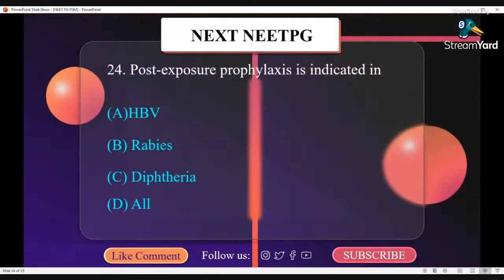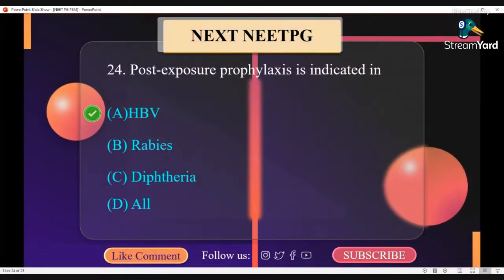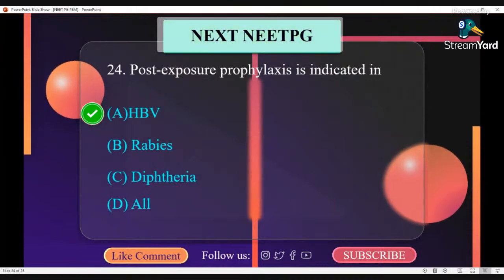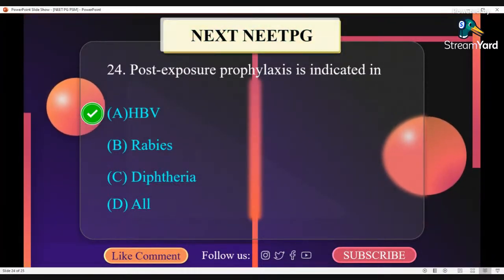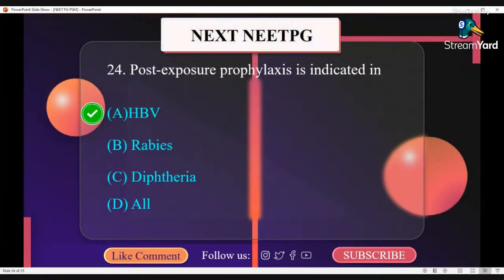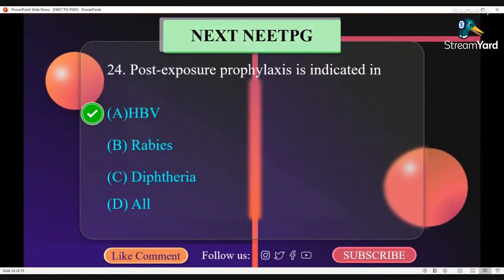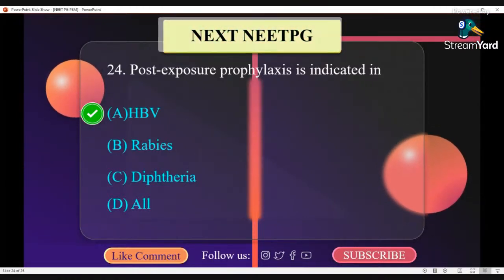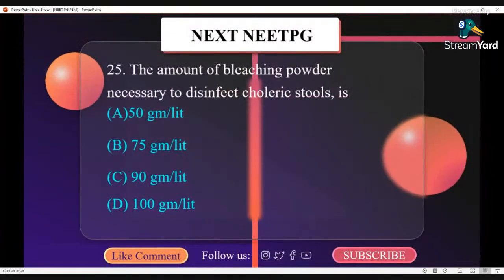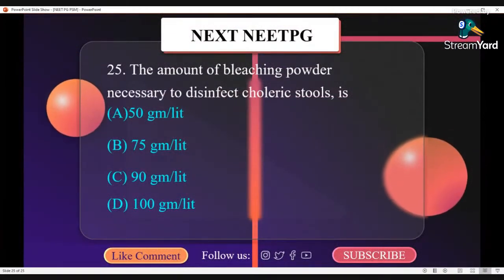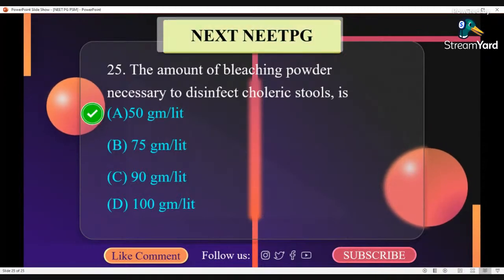Post-exposure prophylaxis is indicated in all HBV. The amount of bleaching powder necessary to disinfect florals stores is 50 gram per liter.